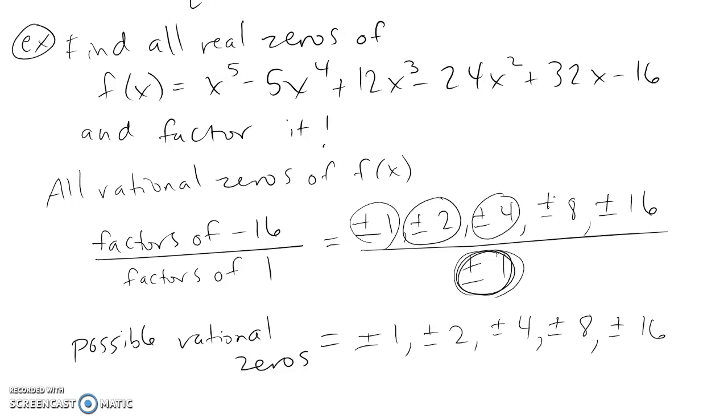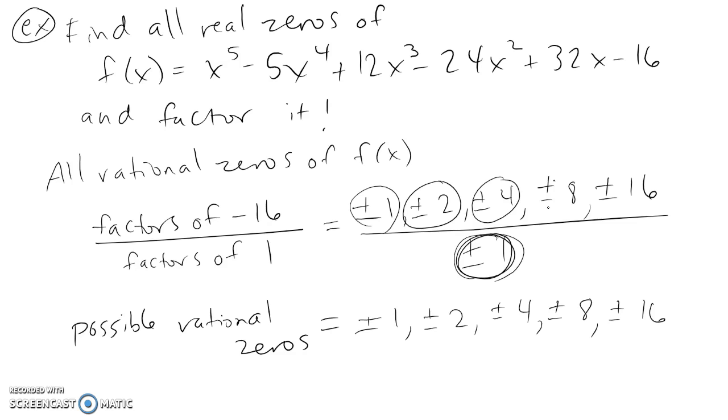Now you might say that's a lot of possibilities. We have 2, 4, 6, 8, 10 possibilities. But that's a lot less than infinite numbers of zeros that might be possible. And you'll find out that we don't actually have to try them all to find some and make our job of factoring this a little bit easier.